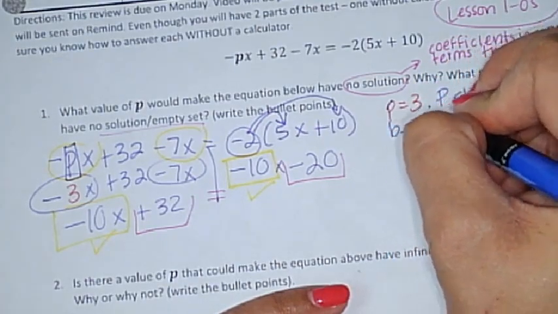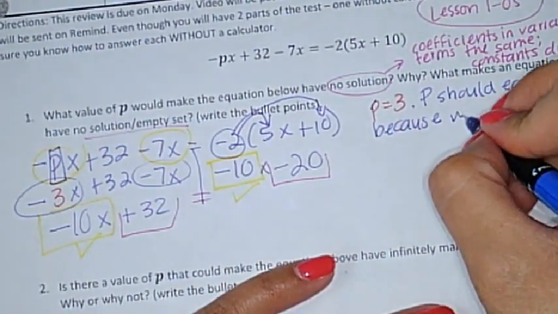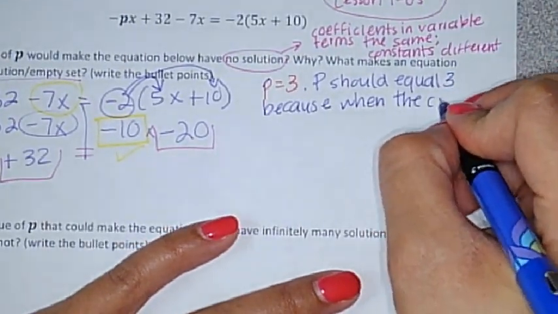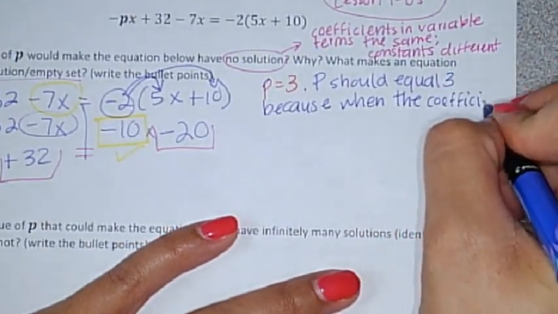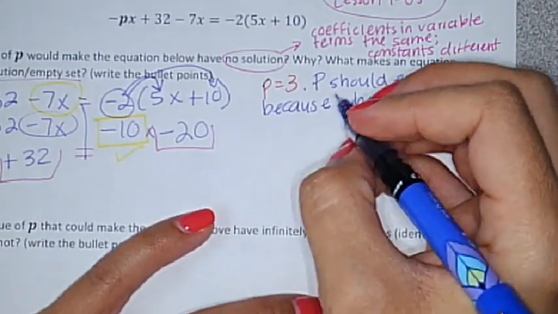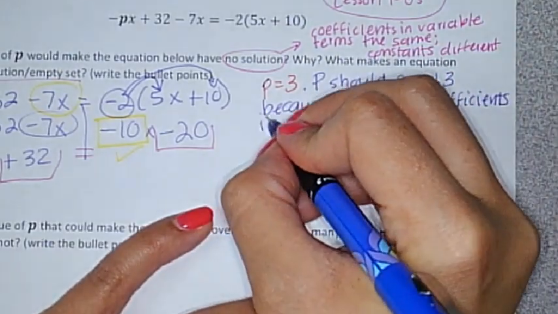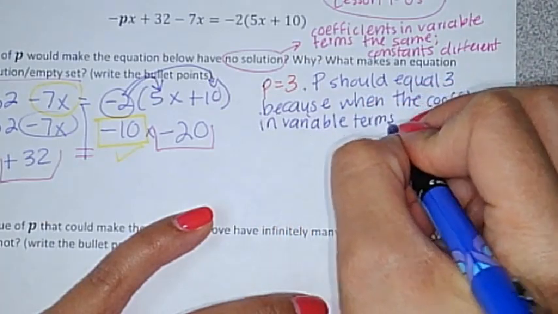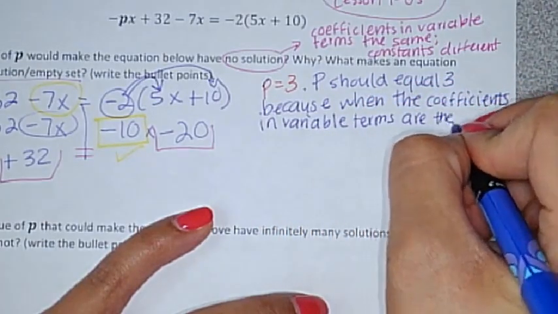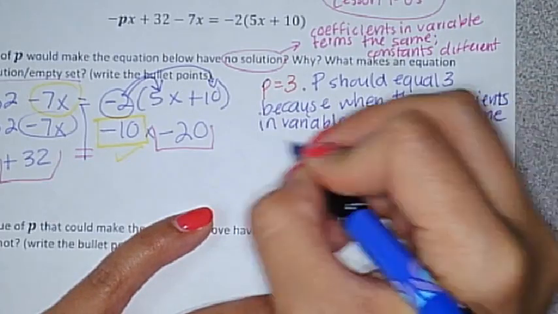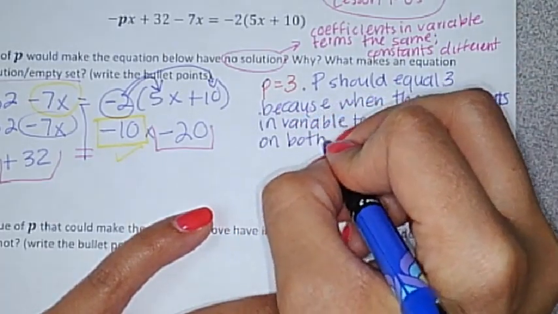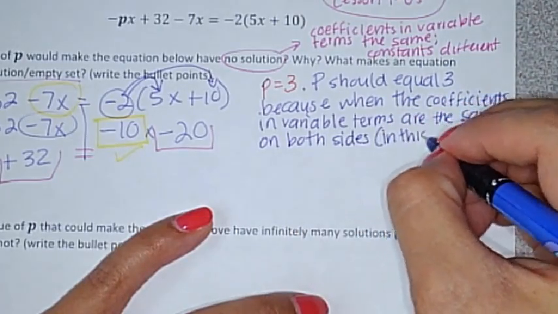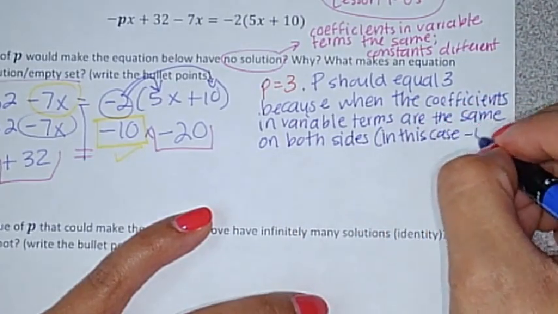Because, okay, when the coefficients in variable terms are the same on both sides. I'll put in this case negative 10.